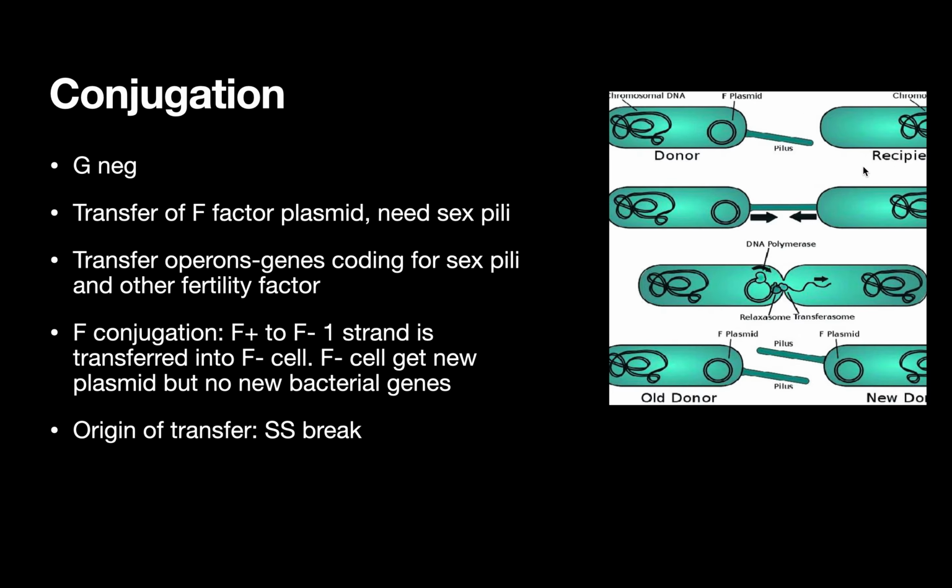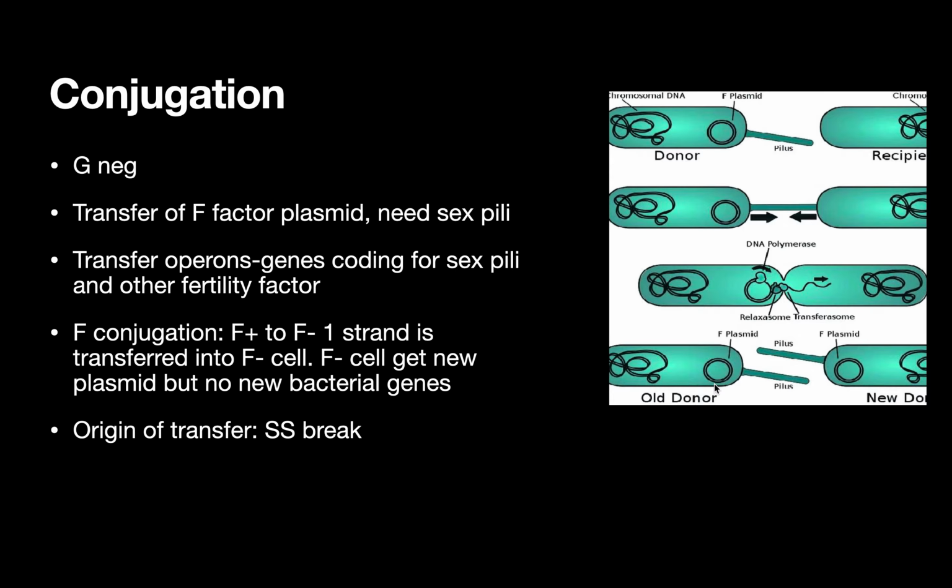So the plasmid is going to be transferred over, and the F minus bacteria is going to become F plus bacteria. So they get the new plasmid, but these plasmids are not episomes, so they're not going to be integrated into the genome. So in this particular case, if this cell goes through bacterial fission, the F plasmid isn't going to be transferred.